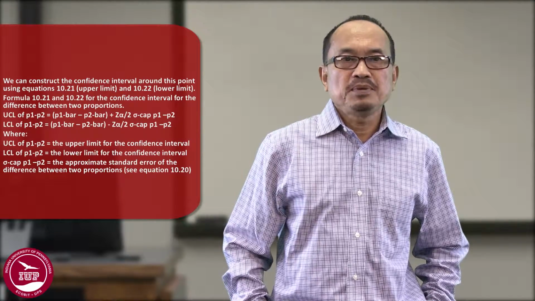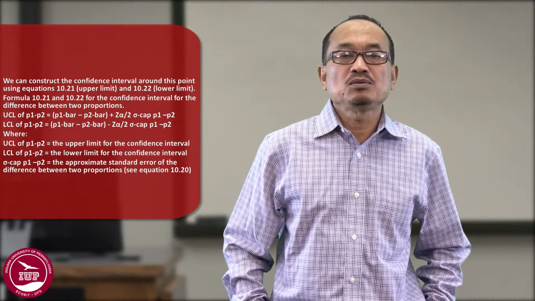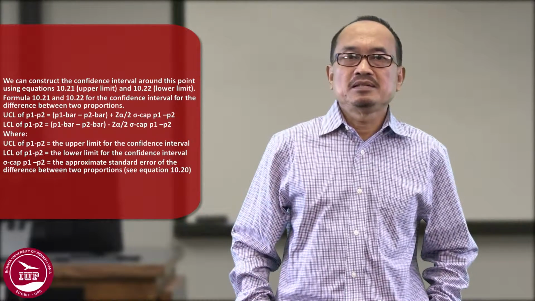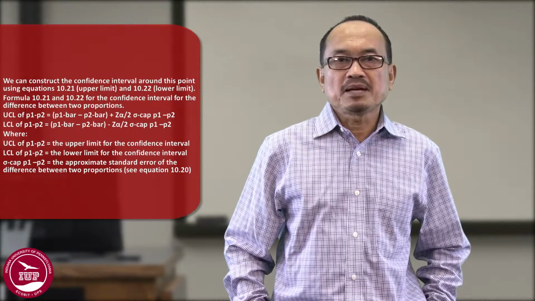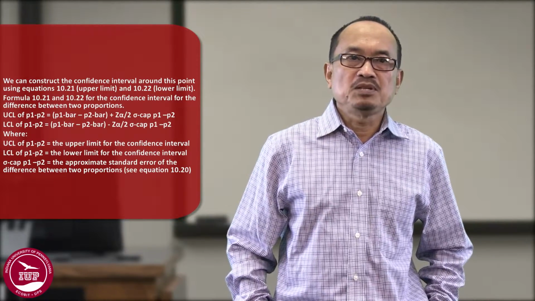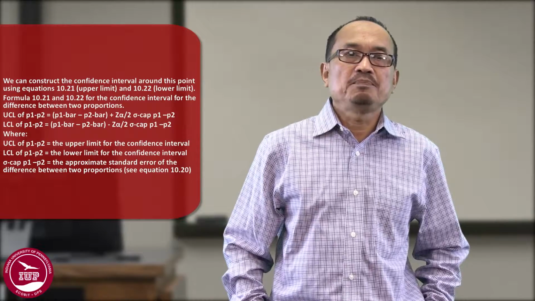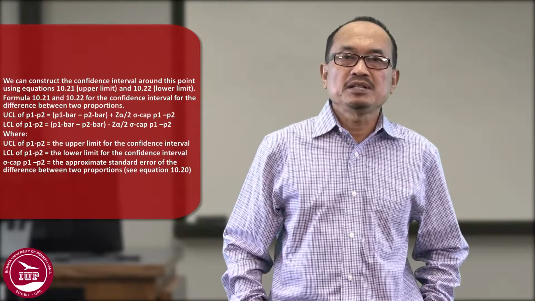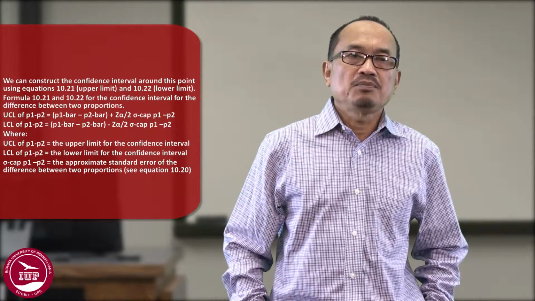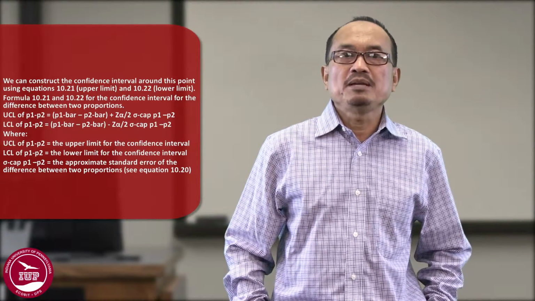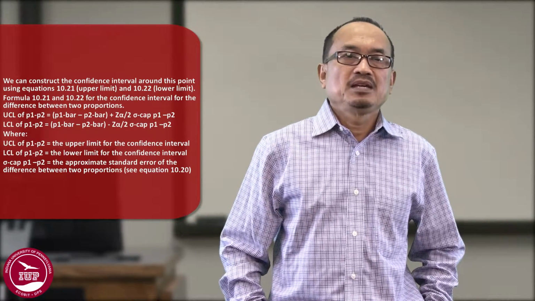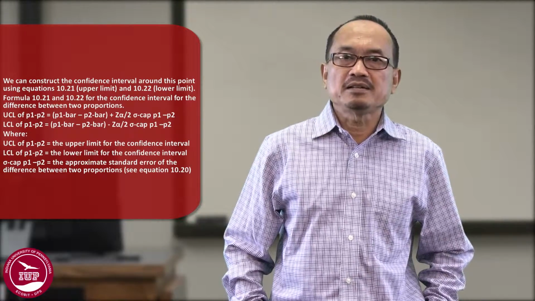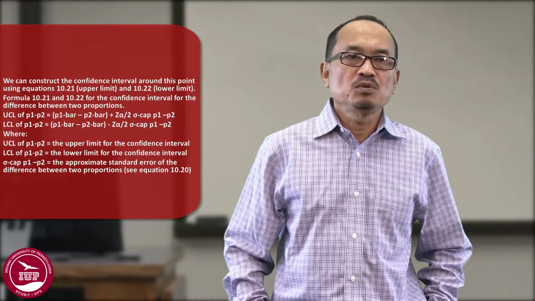LCL of P1 minus P2 is equal to P1 bar minus P2 bar minus Z alpha divided by 2 times sigma cap of P1 minus P2, where UCL of P1 minus P2 is the upper limit for the confidence interval, LCL of P1 minus P2 is the lower limit for the confidence interval, and sigma cap of P1 minus P2 is the approximate standard error of the difference between two proportions.